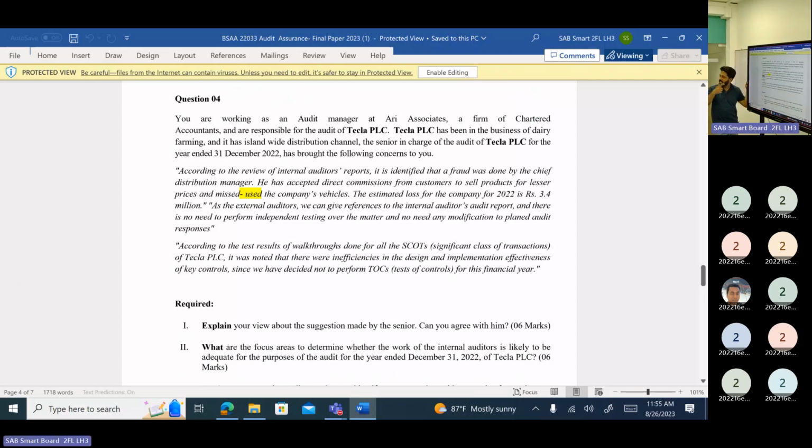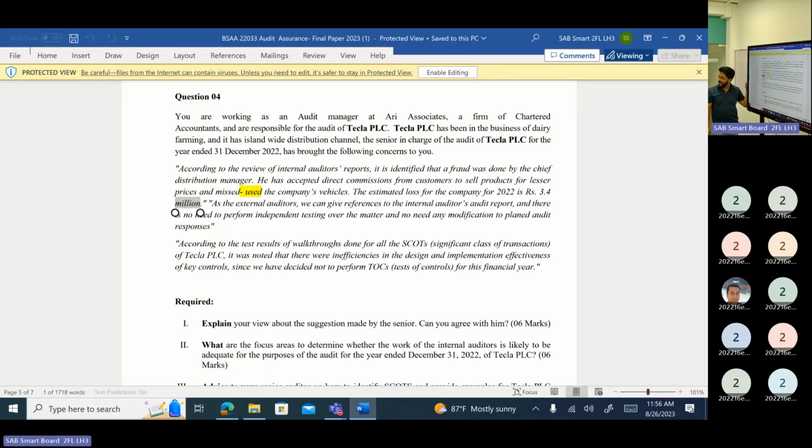Design and implementation here is discussing operation, right? Keep in mind that, control. Since we have decided not to perform POC test of controls for this financial year, can you agree with that? So that's a question you're asking, right? You will be an expert on this in the near future.